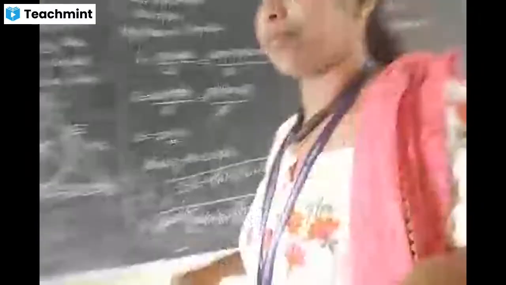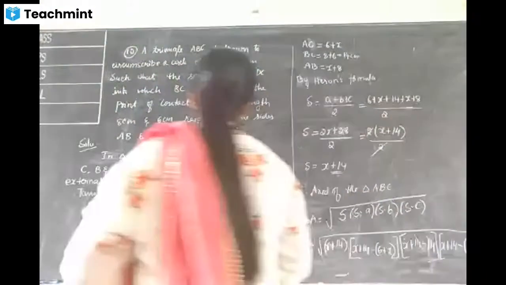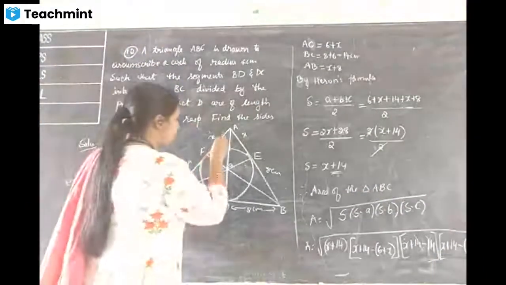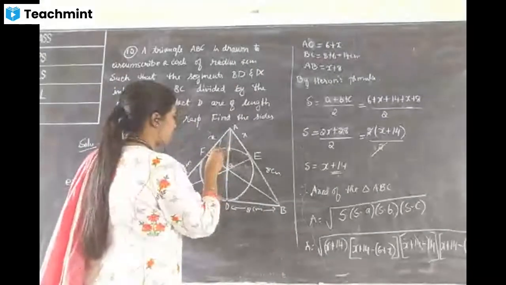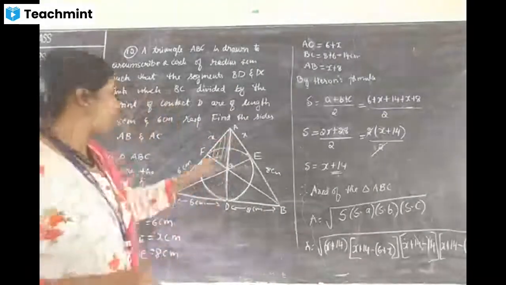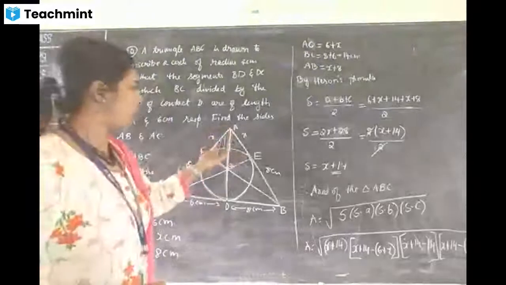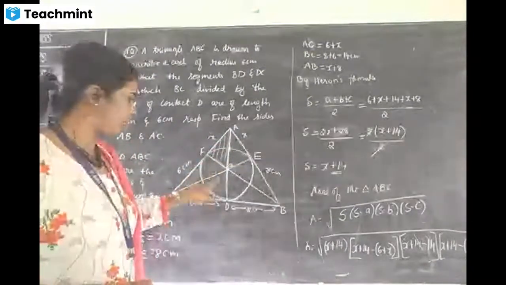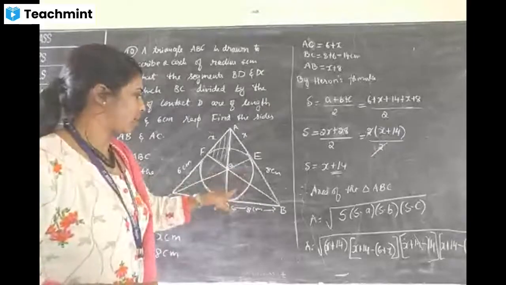Come back to the figure. I will take this area. These two are same, isn't it? In that I will take this. These two are same. In that this I will take.